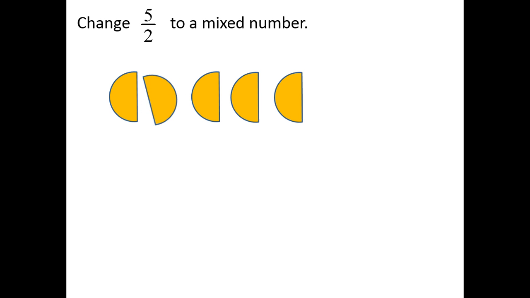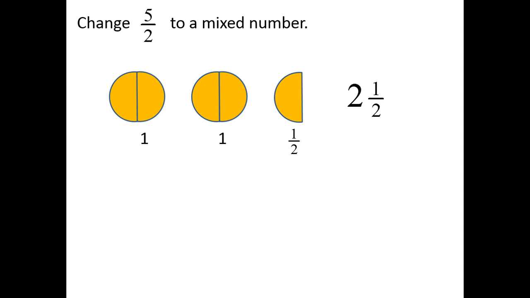So in this case, we could put these 2 halves together to make a whole, and these 2 halves together to make a whole, and that still leaves us with a half left. So we have 2 wholes plus 1/2, which is 2 and 1/2. So 5/2, the improper fraction, is equivalent to the mixed number 2 and 1/2.